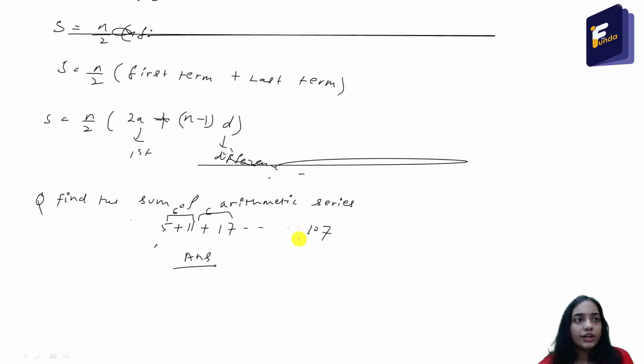We already know that the last term is 107. So for the number of terms, 107 equals 5 plus, let the number of terms be n. 107 is the nth term, that is the last term. So n minus 1 into d, that is 6. So 102 equals n minus 1 into 6.